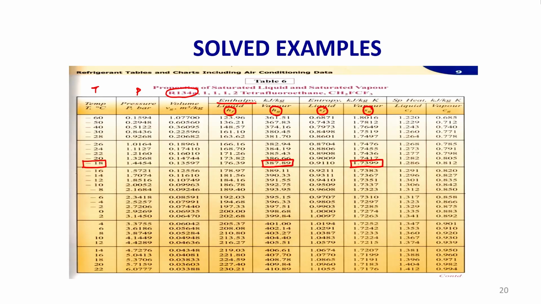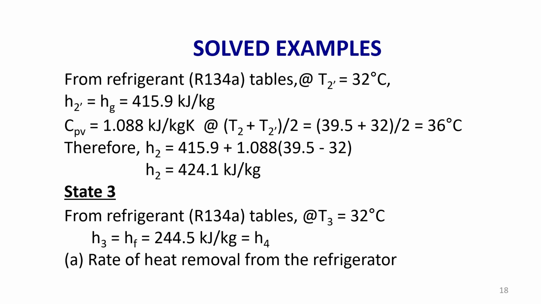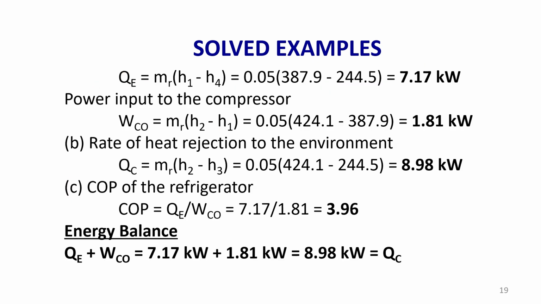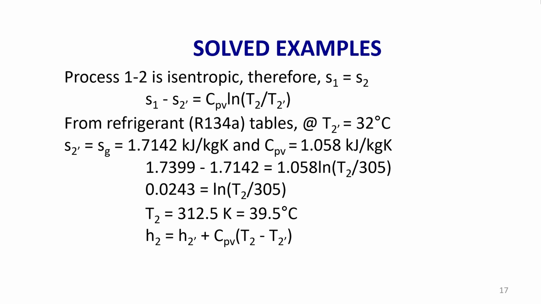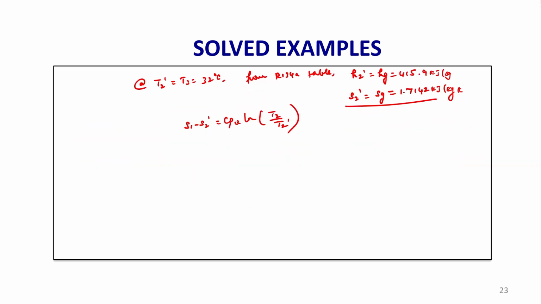So use this formula: S1 minus S2 dash is equal to Cp of vapor into ln of T2 by T2 dash. This is a standard thermodynamic relation. Now, in this formula, this is Cp of vapor.